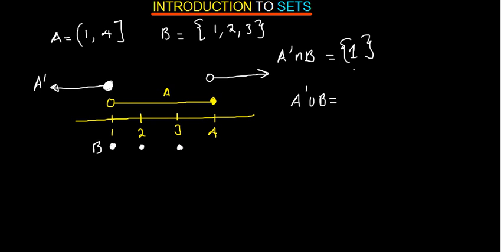But intersection means what is outside A but is in B. So A complement union B, what is outside A, together with what is in B. So you can see that what is outside A is coming from negative infinity, that's the smallest. We always start with the smallest when writing sets. So negative infinity, comma, you are going all the way, at this point you are connecting these two sets, right? So you are going all the way up to what? Up to 1. And you can see that 1 is in both sets, so it will be part of the union.